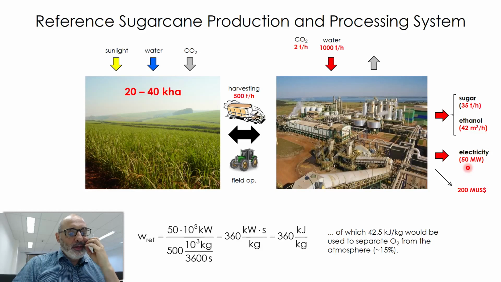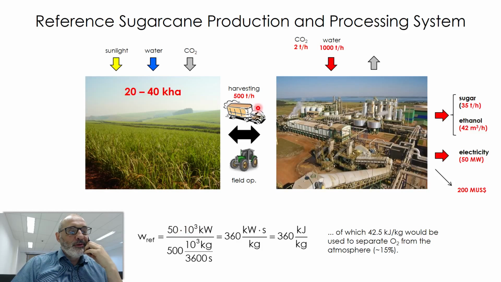If we want to incorporate an oxygen separation process, how much of this electricity would we have to spend on it? The calculation is simple. This is the amount of energy exported per ton per hour of processing.